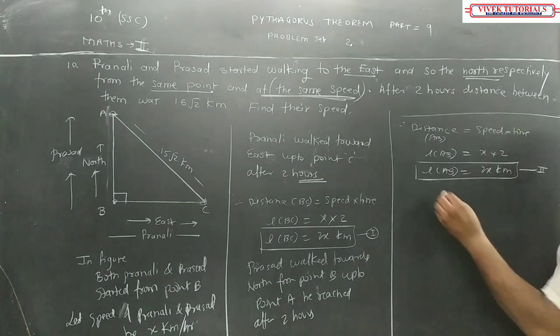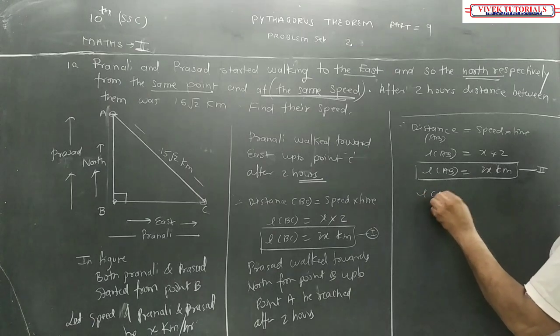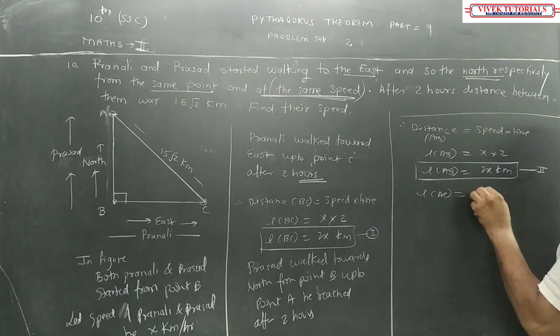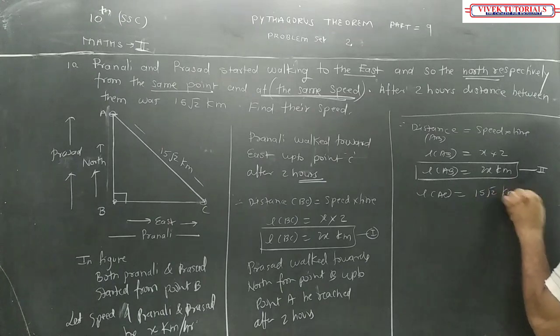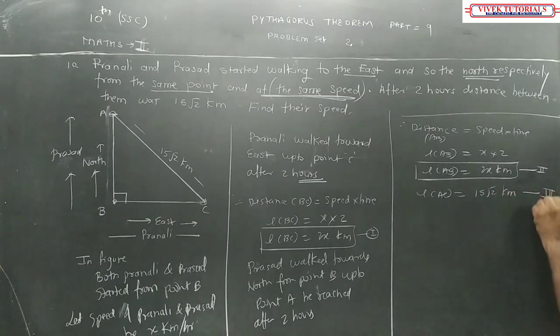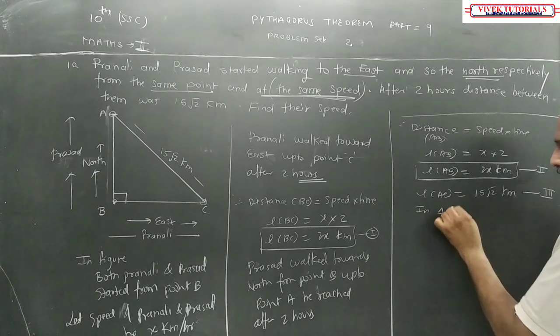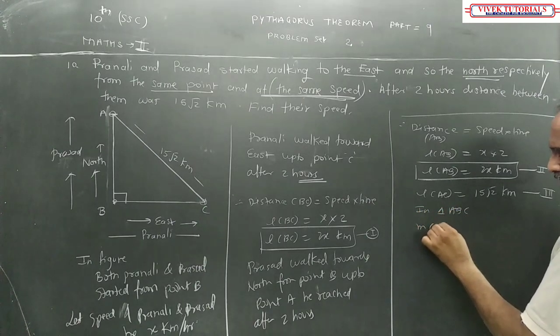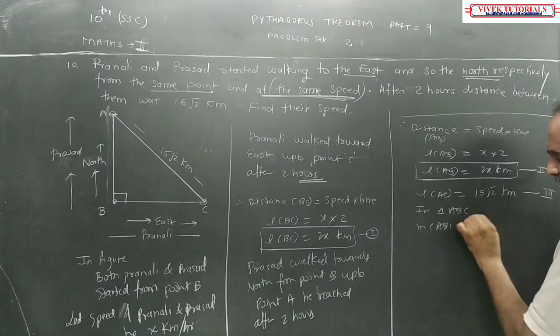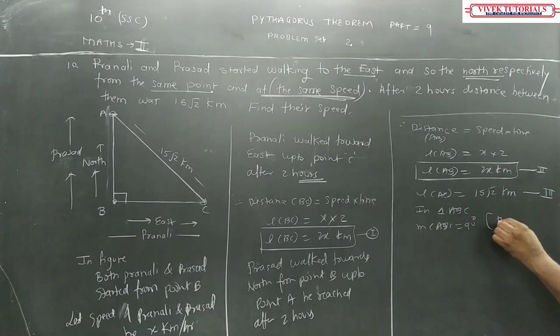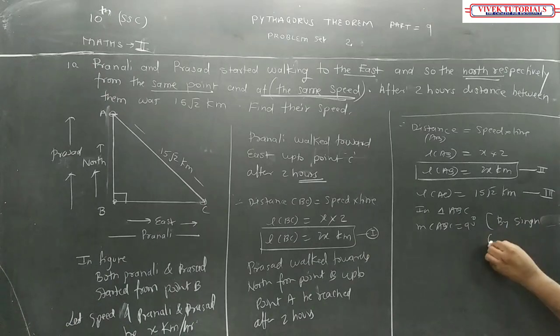Now, length AC is equal to 15√2 kilometer. Now, in triangle ABC, measure of angle ABC is equal to 90 degrees by sign convention of map.